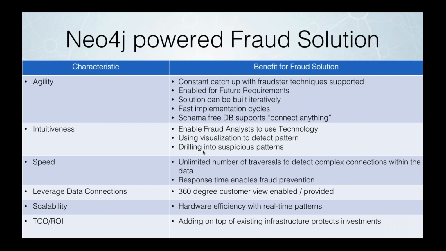Speed: traversals are cheap and provide performance so that you can detect complex connections. You can leverage data connections to get a 360-degree view of customers. Hardware is efficiently used with real-time patterns, and your investment in other systems is protected, with rapid return on investment by using agile approaches.